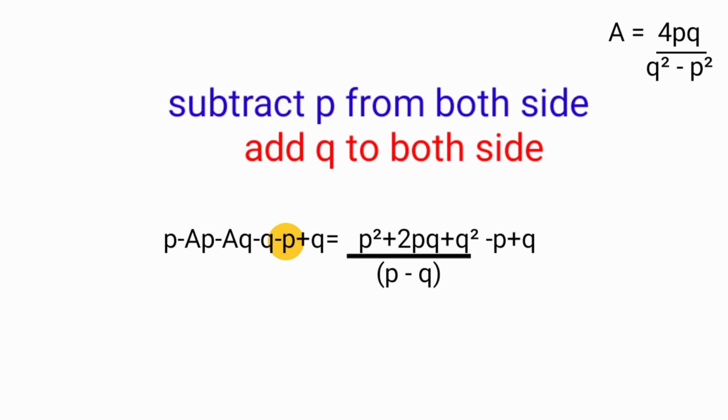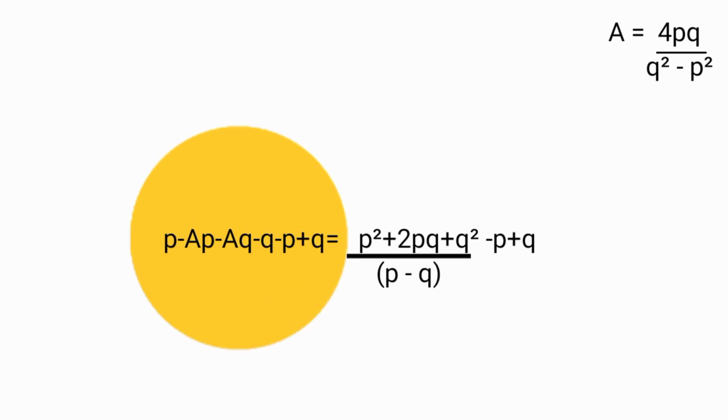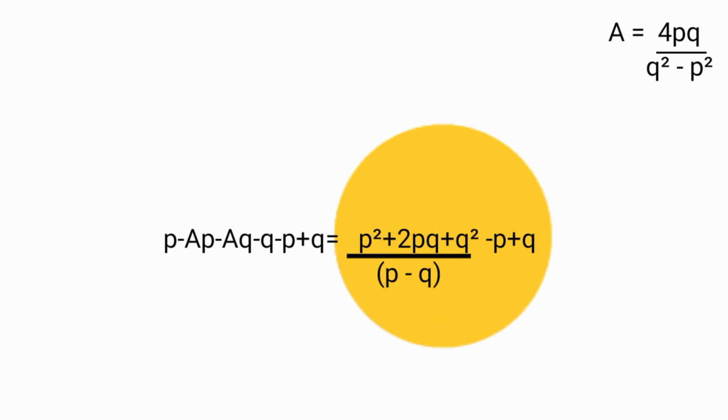So here, subtracting p and adding q, we have p minus ap minus aq minus q minus p plus q equal to (p squared plus 2pq plus q squared) all over p minus q minus p plus q.